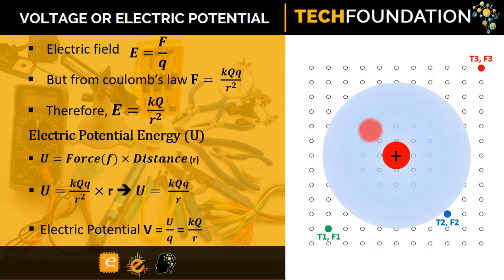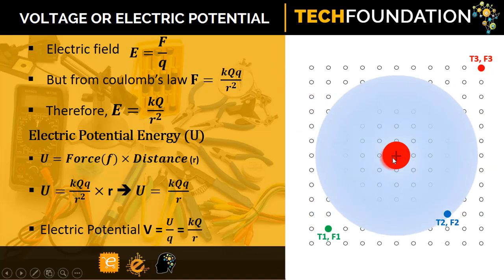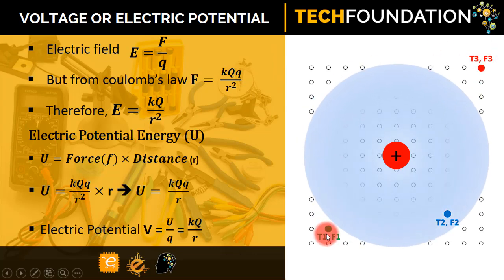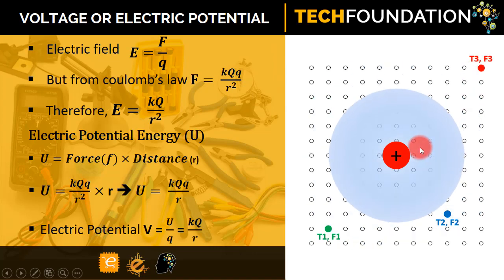The magnitude of the force that each charge will experience will depend on the distance between its center and the center of the positive charge, meaning that the influence of the force will be different for all these charges. So F1 will be different from F2 and from F3 because the distances of separation are not the same.